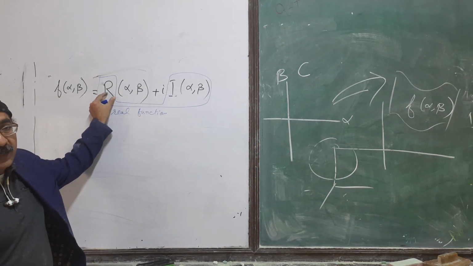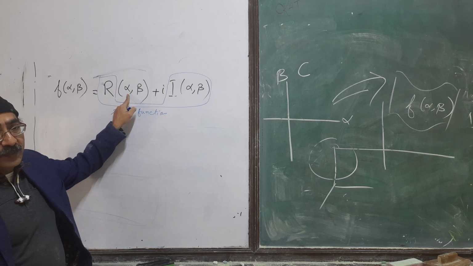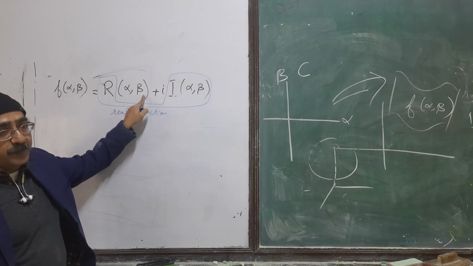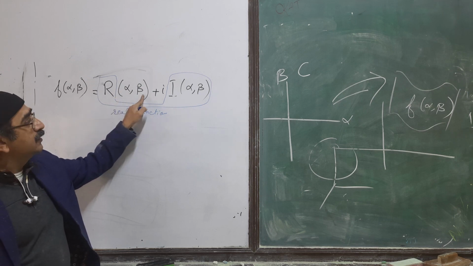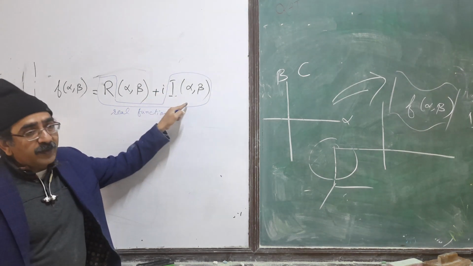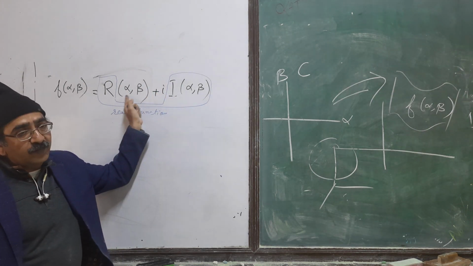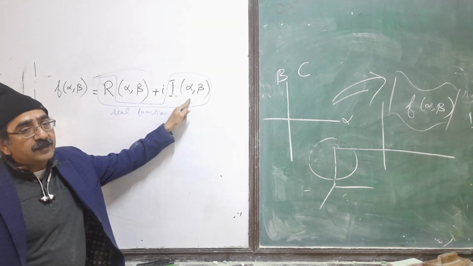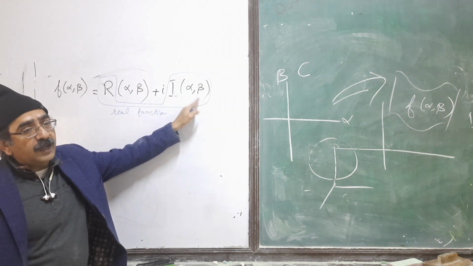One is the real part, which will be based on A and B. You may say this is A, this is B, and the same imaginary part will be independent from this, and that will also depend upon the two numbers alpha and beta.